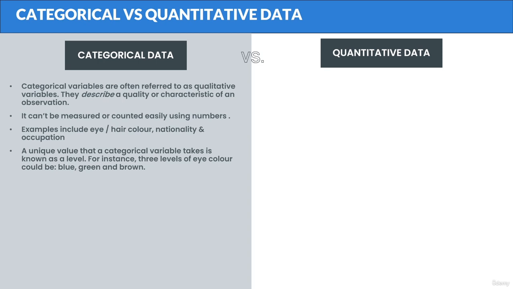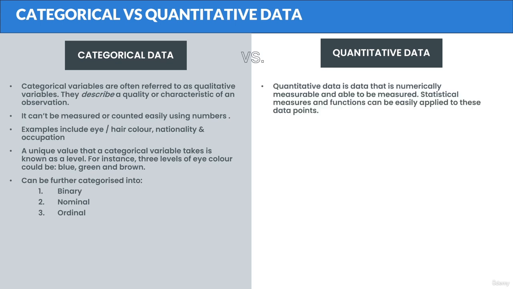Finally, we can also say that each unique value of a categorical variable is known as a level. For example, 3 levels of eye colour could be blue, green, and brown. We can break categorical variables down even further into binary, nominal, and ordinal, but we'll cover these in a moment.